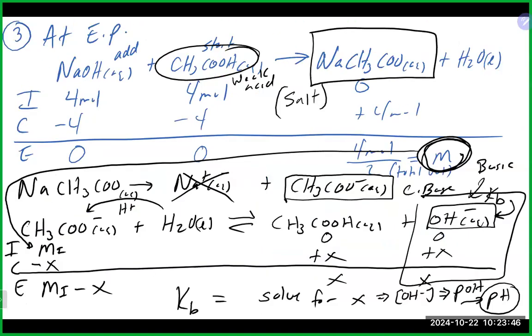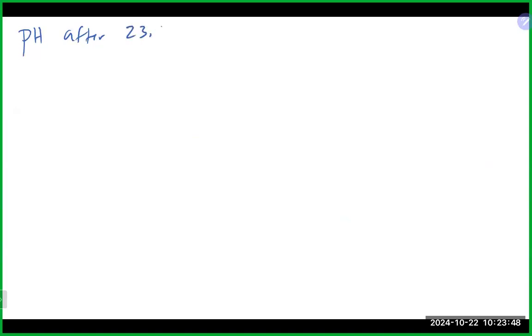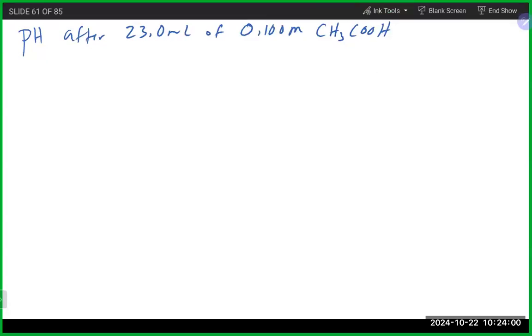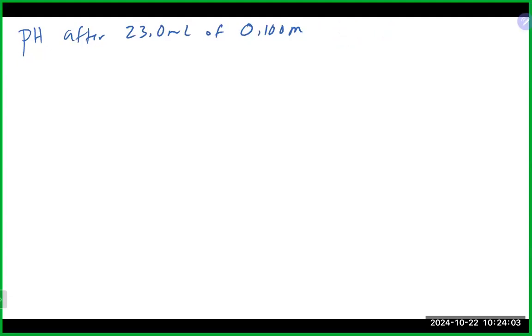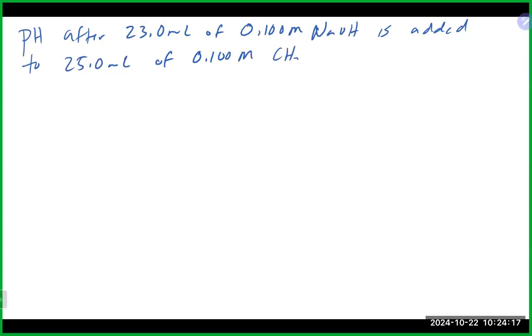Let's say we want to know what is the pH after 23 milliliters of 0.1 molar sodium hydroxide is added to 25 milliliters of 0.1 molar acetic acid.